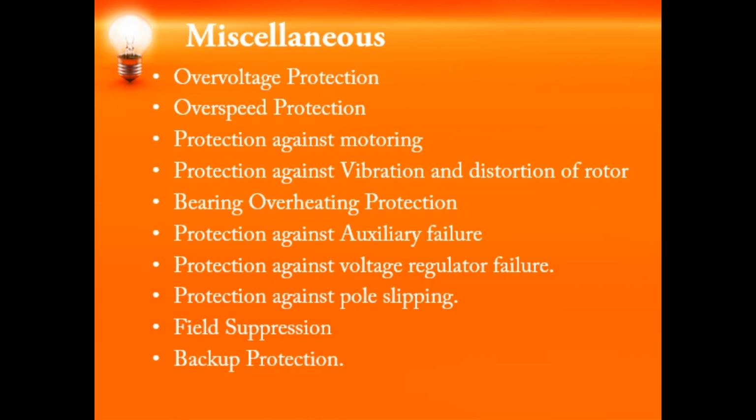Next, coming to the protection against voltage regulator failure. I have already told you that there will be an automatic voltage regulator in the case of the steam turbine also, and we need to protect this automatic voltage regulator, which in turn will govern the speed.